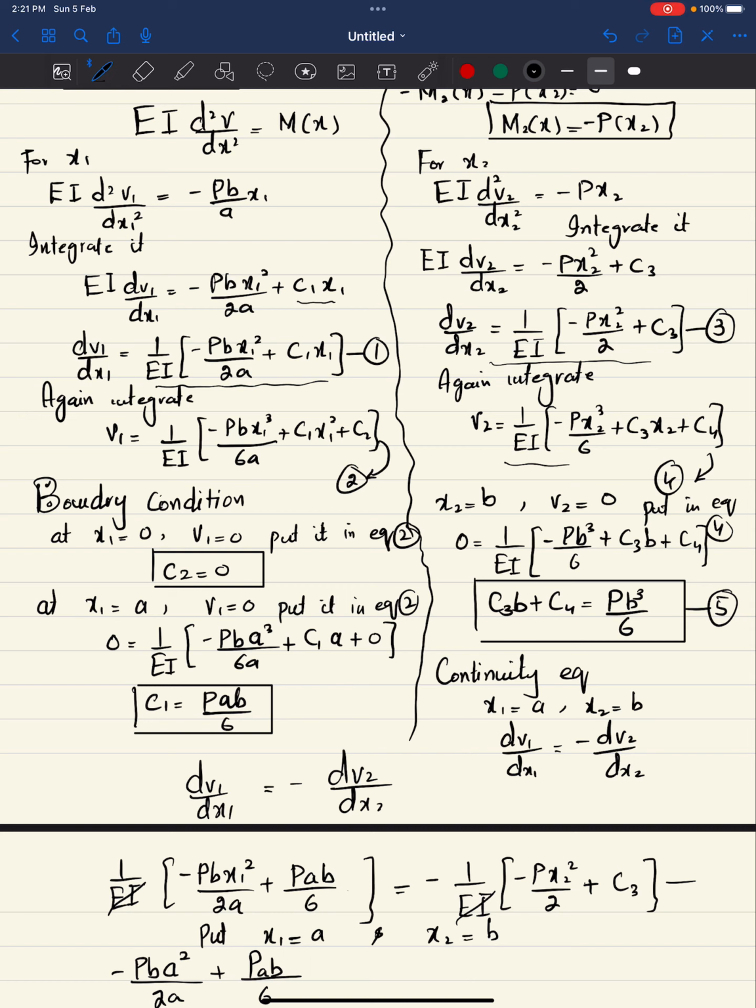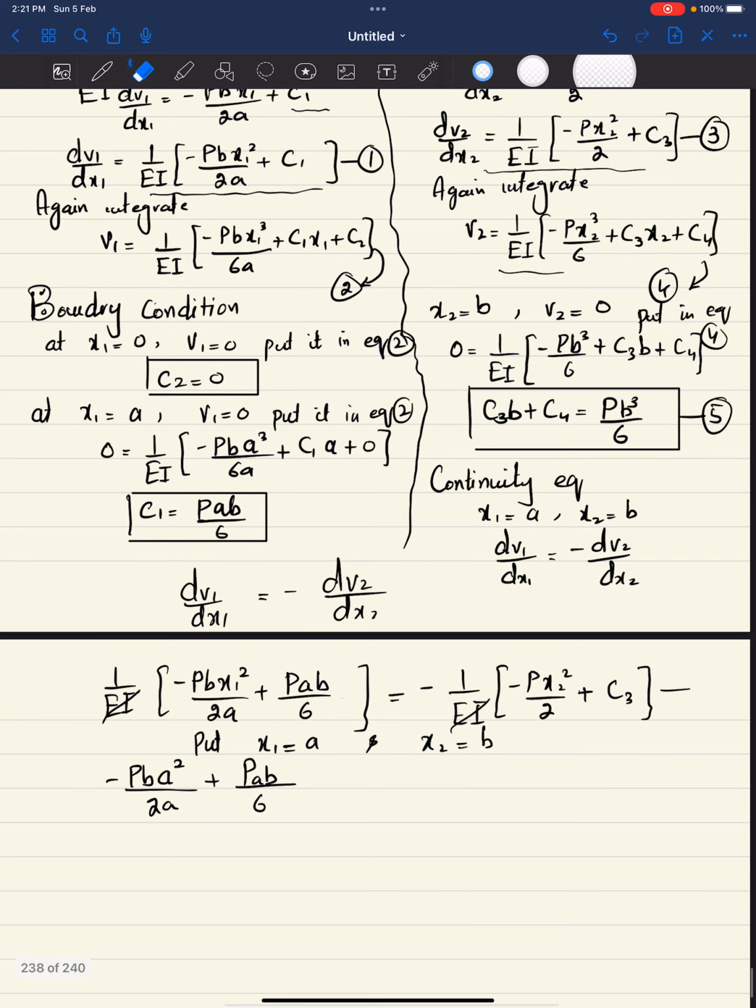So make a correction. This is not x1, because if you integrate you will have only C1. So make a correction. Again this one will also be equal to C1 x1. Okay, now it's correct.